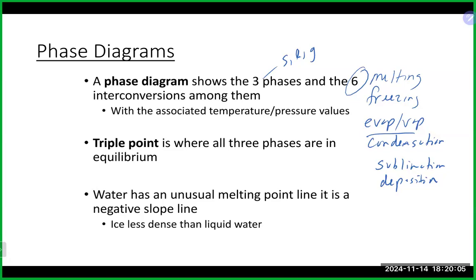So to have that substance be in solid, liquid, and gas all at the same time. And there's a certain pressure temperature relationship that does that. Water's phase diagram is a little unusual. It has an unusual melting point line with a negative slope. And again, that's a result of ice being less dense than liquid water.